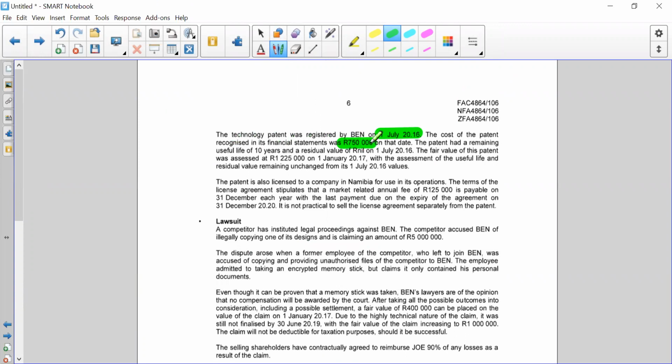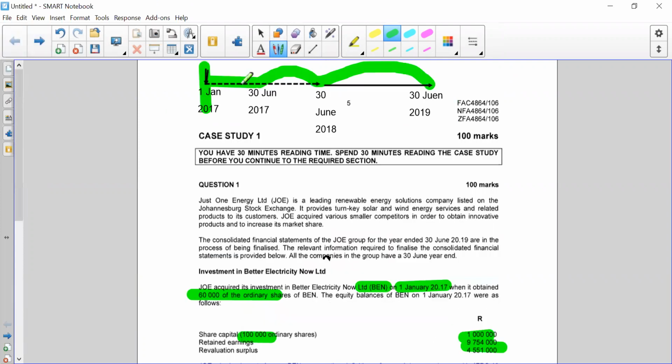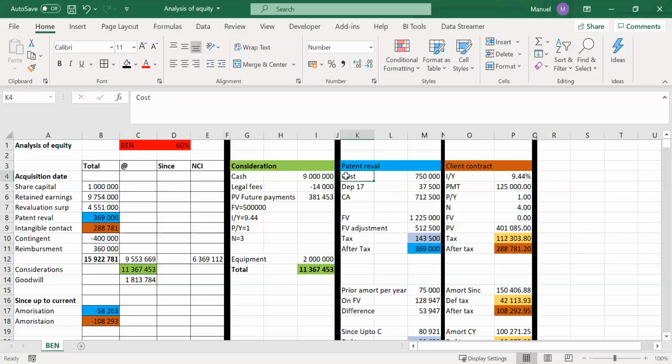The patent had a remaining useful life of 10 years and a zero residual value. Remember that was the 1st of July 2016, which is 6 months before acquisition date. So at acquisition date, the question is, what would be the carrying value of that patent? We have the cost of 75,000 and a 10-year useful life, held for 6 months.